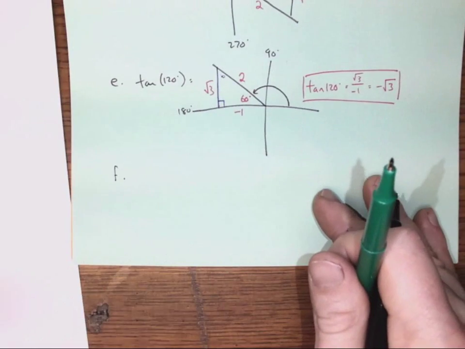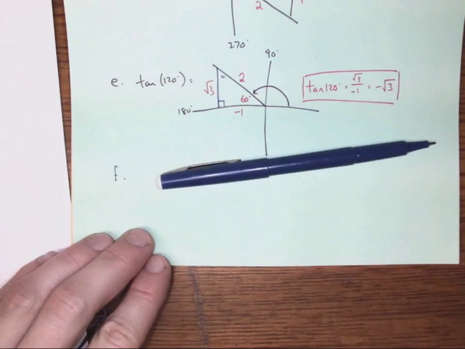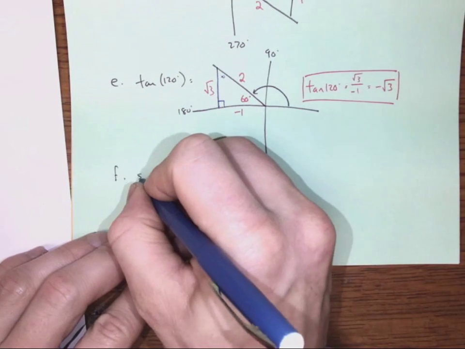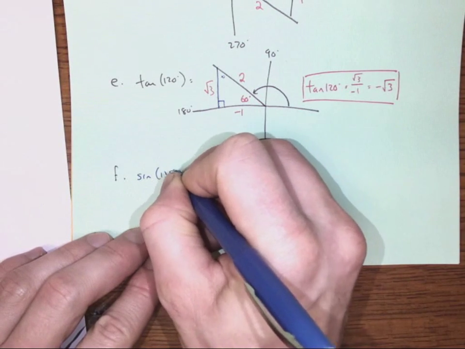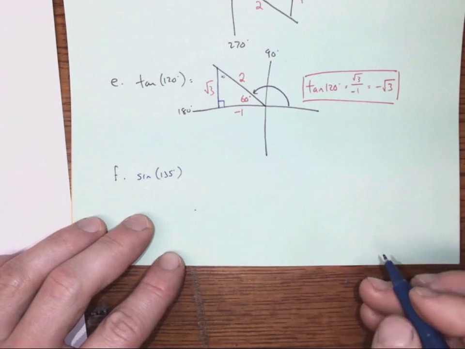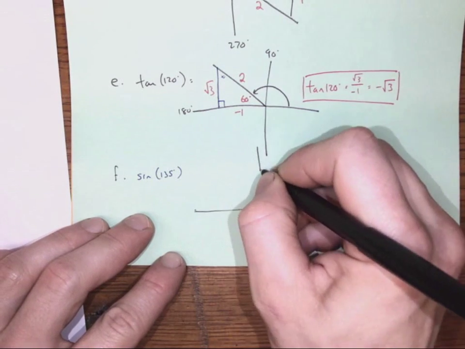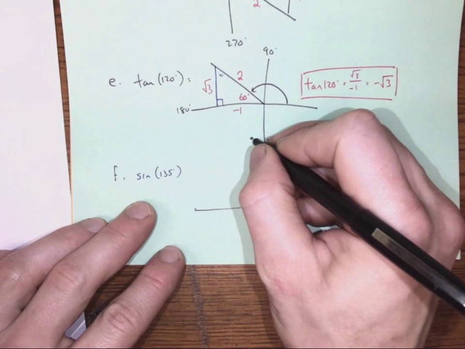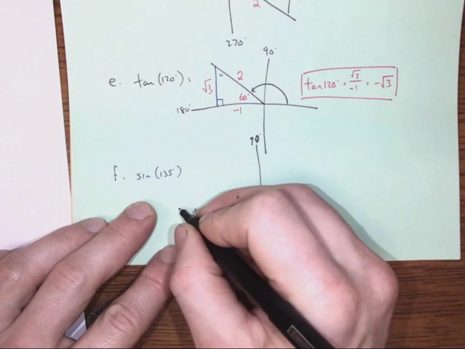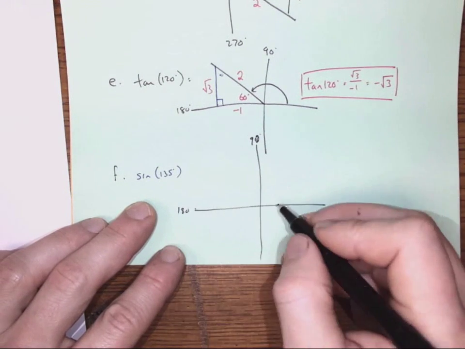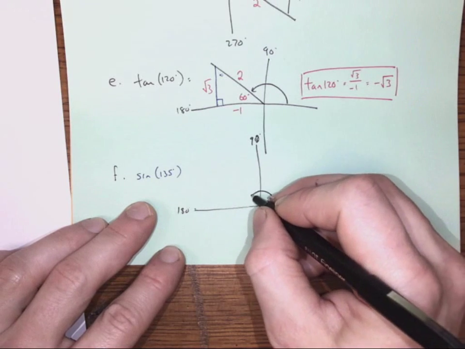Okay, so to find sine of 135 degrees, I'm going to draw 135 degrees, which is in between 90 and 180. It's actually exactly halfway between. And that leaves an extra 45 degrees before we get to 180.